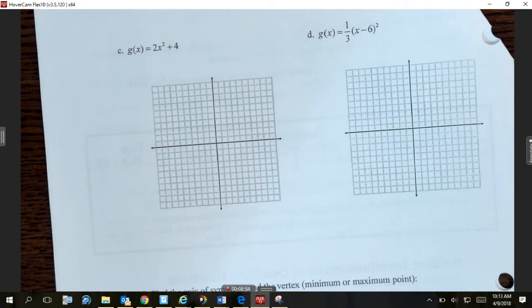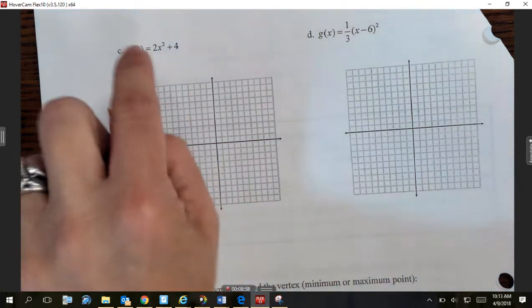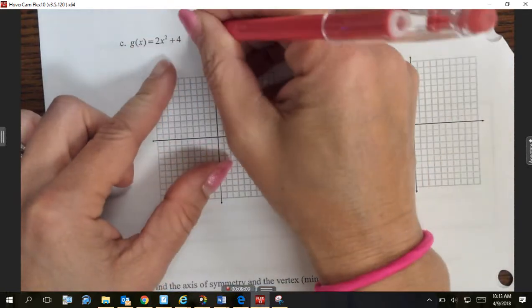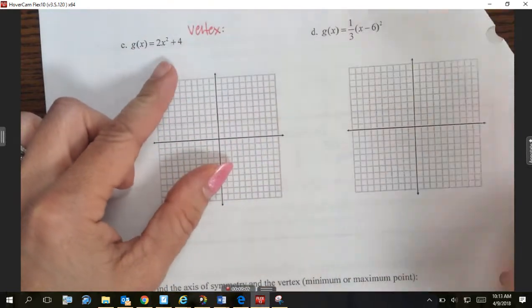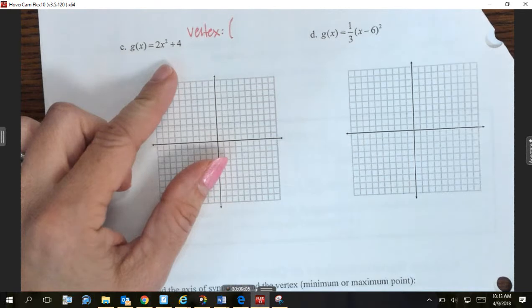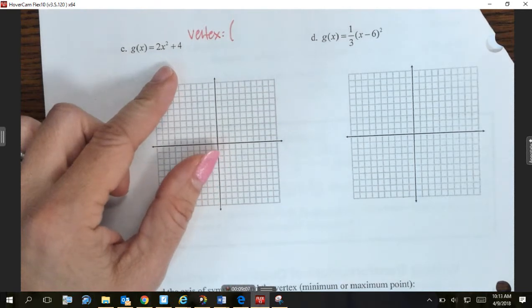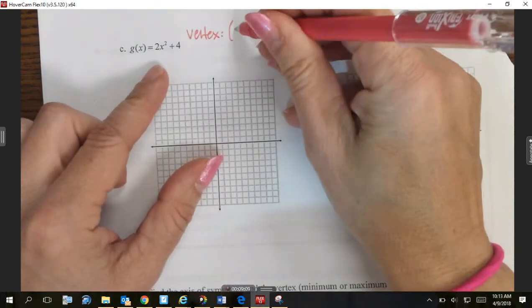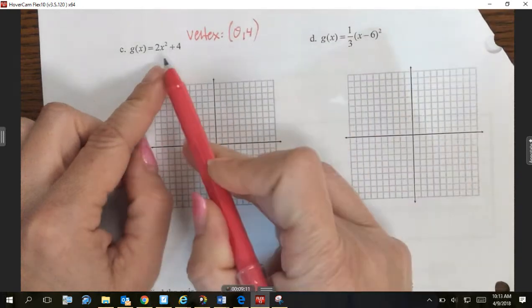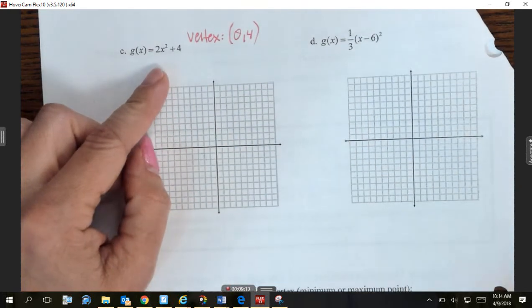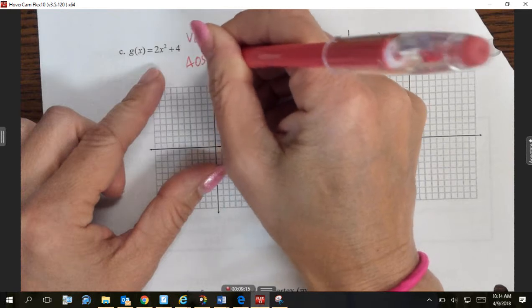All right, the next one is in vertex form. This is vertex form, so we can find the vertex right away. What's the vertex? 0, 4, right? The x value is not there, so it's 0. That means our axis of symmetry.